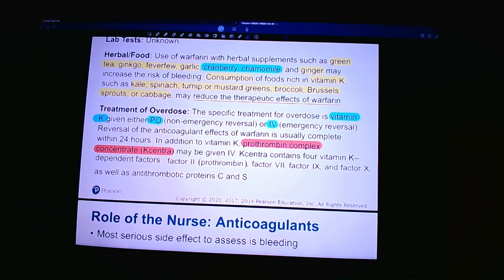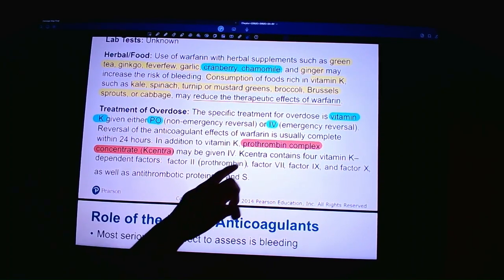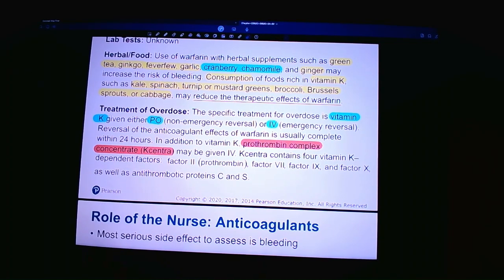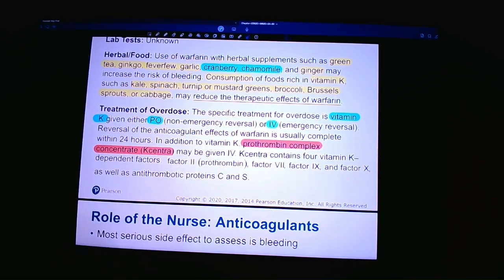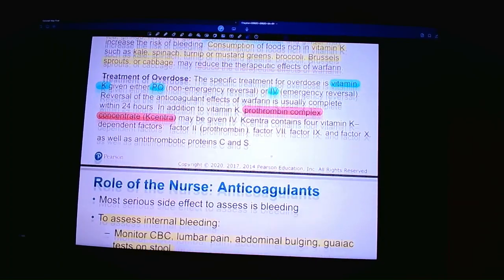We need vitamin K, so K is already in there, and then concentrate. Kcentra. So we need Kcentra for a person who is lacking vitamin K in the context of anticoagulation, like we need to undo their overdose. So Kcentra, prothrombin complex concentrate, and intravenous vitamin K.